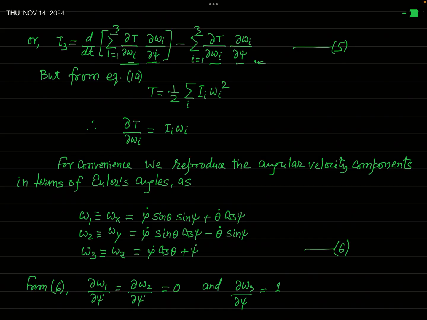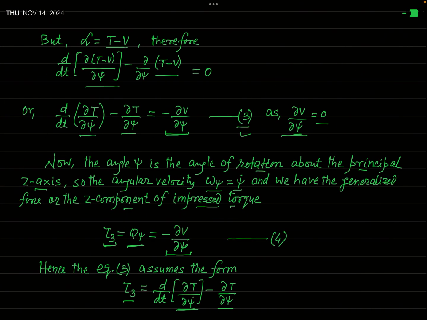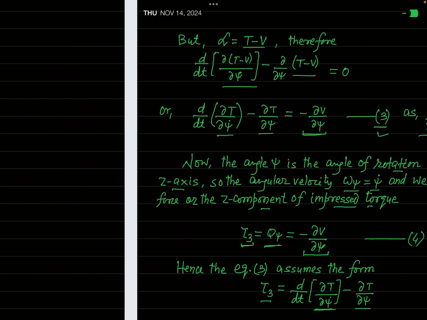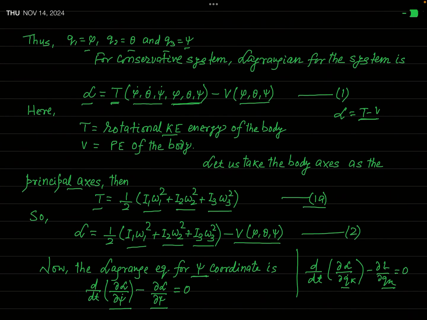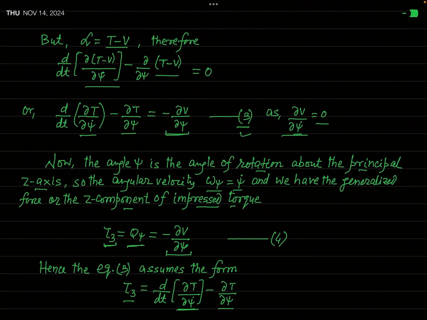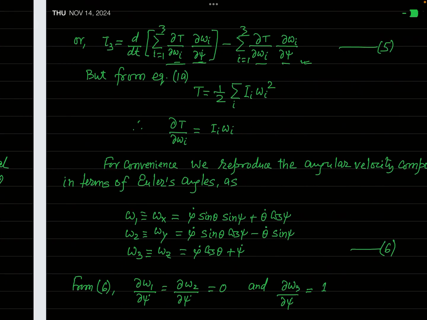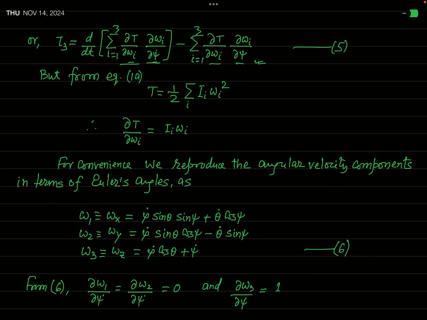But you know the kinetic energy, which I have already defined here, is given like this, and in compact form this expression for kinetic energy you can write that T is equal to 1 over 2 summation i from 1 to 3 of I i omega i square.